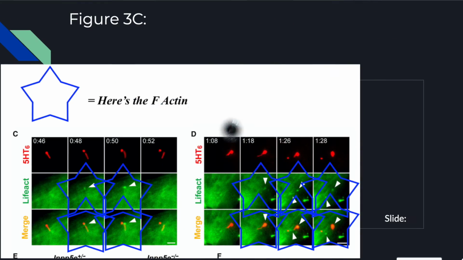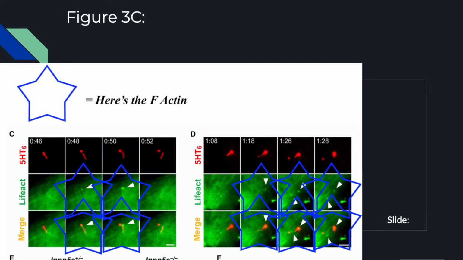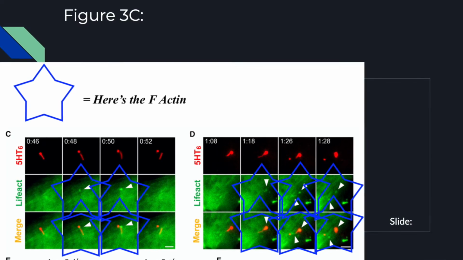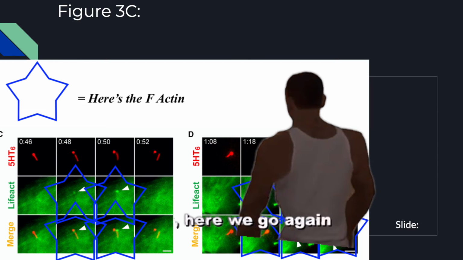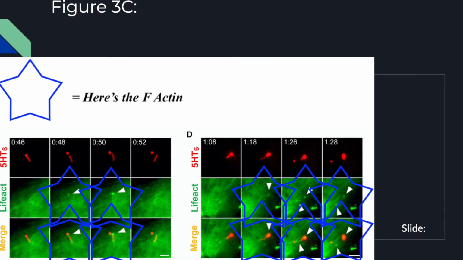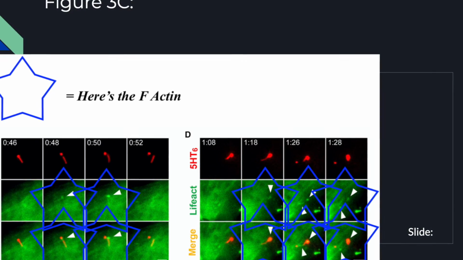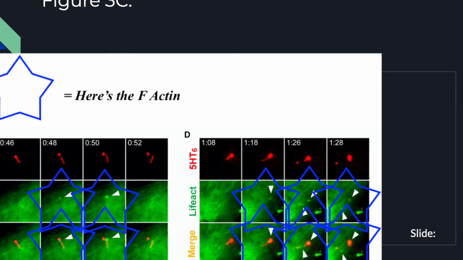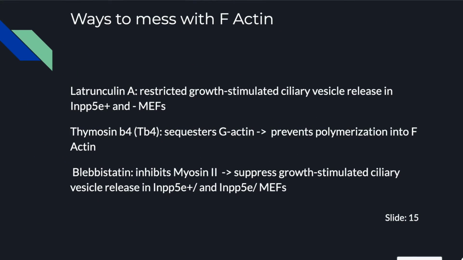The next step was to see how F-actin played with cilia decapitation. The researchers made some more INPP5E positive and negative MEFs and left them for a few hours, seemingly doing the same experiment again. Here we go again. No surprise, the researchers saw F-actin was present as shown by the blue stars. Then the researchers wanted to see how important F-actin was to all this. So they made an experiment to limit F-actin with some key players.